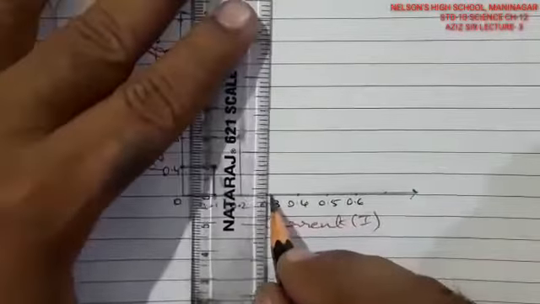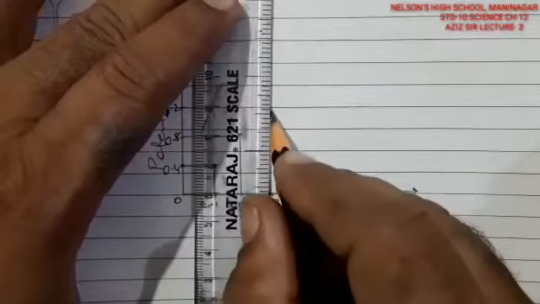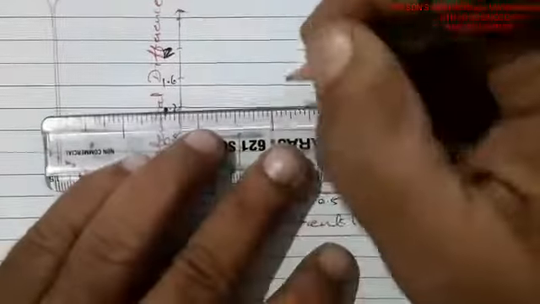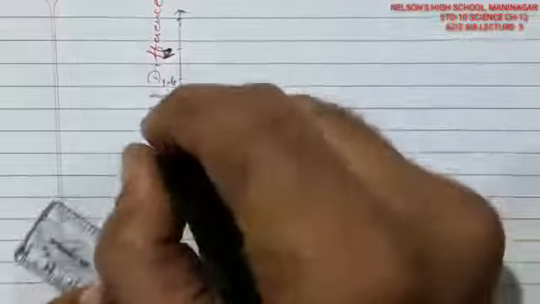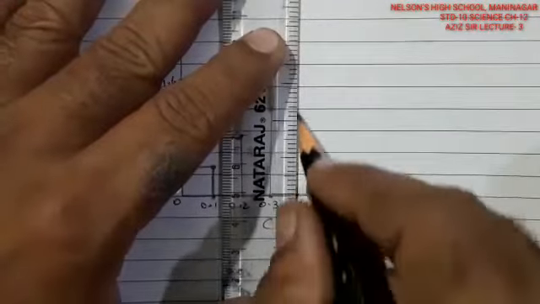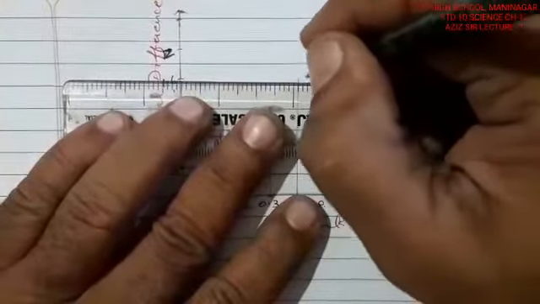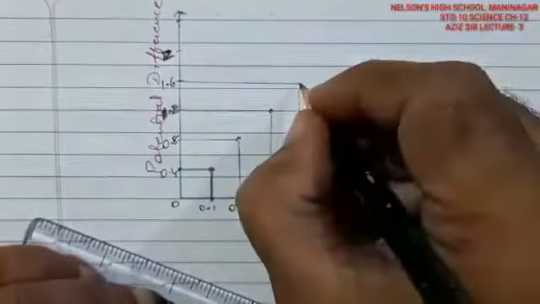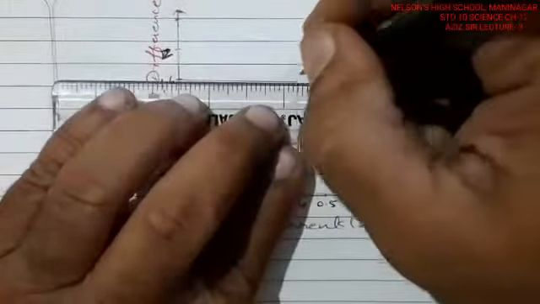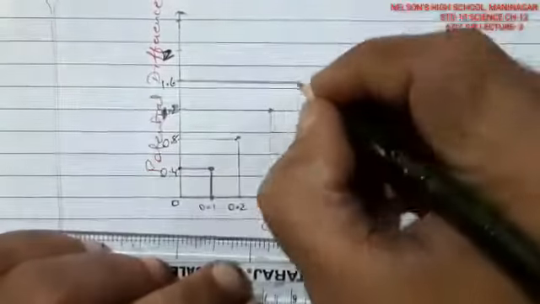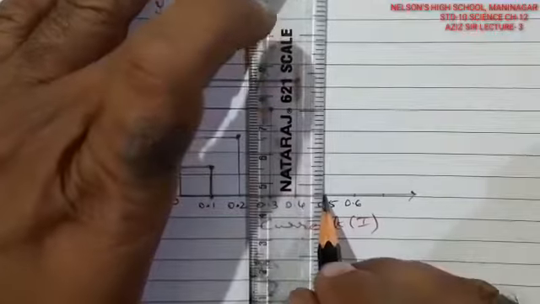The same way for the third, which is 1.2, the third point coincides here, the fourth, and the fifth. We will take 5 values.